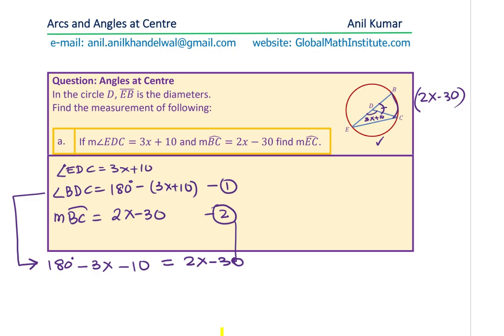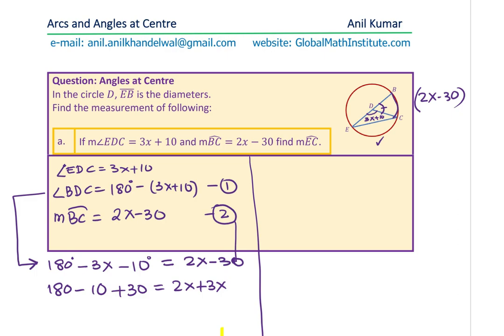Perfect. So let us take the numbers in degrees on this side, and what we have here is 180 minus 10. So let me write down 180 minus 10, bring 30 to this side, and we have 2x plus 3x on the right hand side. Correct? So that gives you how much?